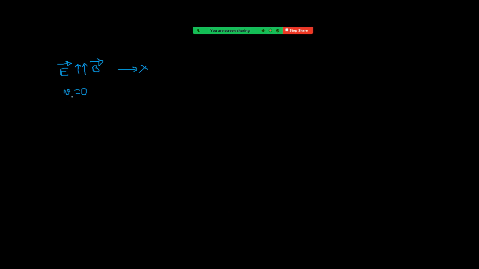I am repeating. Since it is at rest, no force acts because of magnetic field, but because of electric field, force acts. F bar equal to Q into E bar. If charge is positive, force will be along the field. If you take both fields along x-axis, the particle moves with acceleration along x-axis.